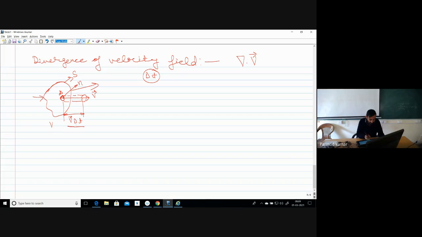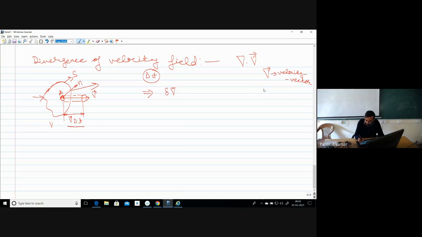Now, if I see the elemental change in the volume because of the movement of this control surface, I am writing it as delta V bar. Let me make a distinction once again. When I write capital V with an arrow sign, I am referring to the velocity vector.